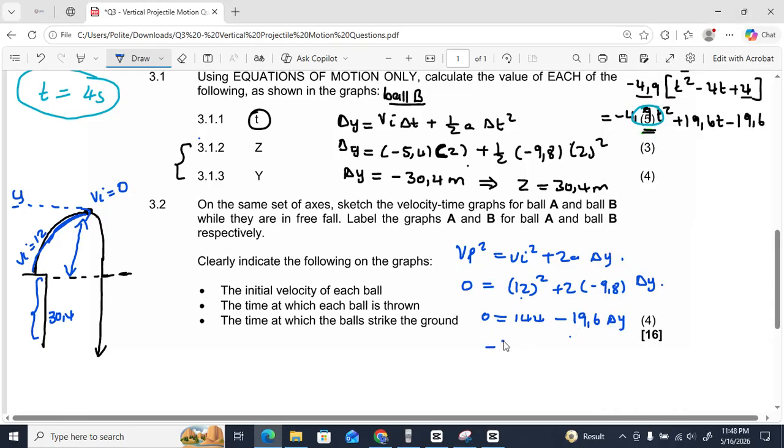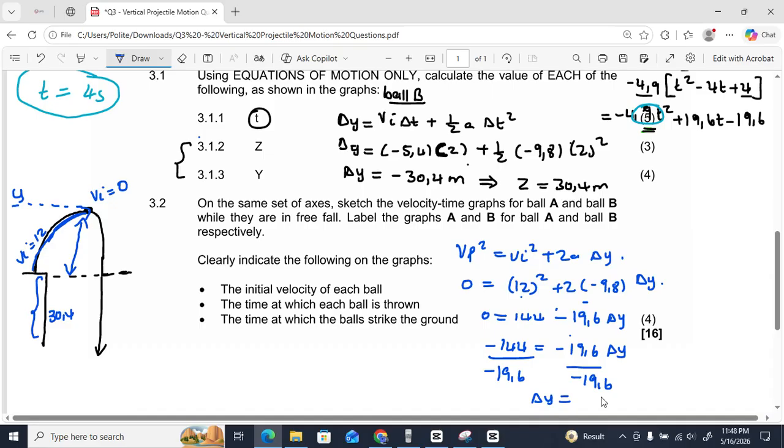Then negative 144 goes to the other side, equal to negative 19.6 delta y. I'm going to isolate the term that has y, so I divide both sides by negative 19.6. The answer that I get is my delta y.